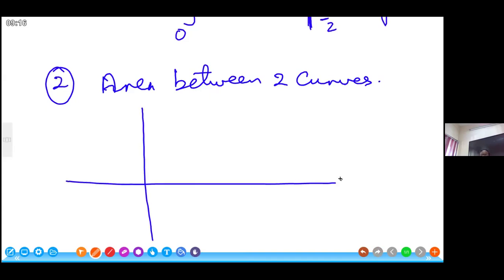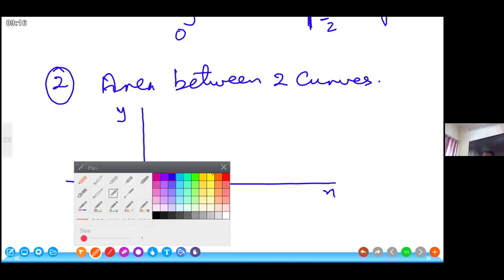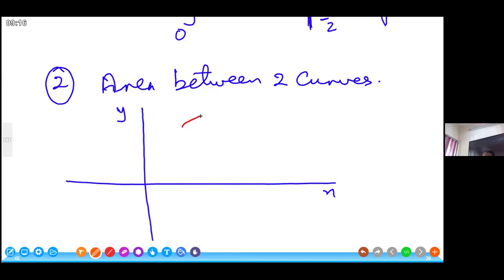Let's say I have two functions. Both functions are above the x-axis.